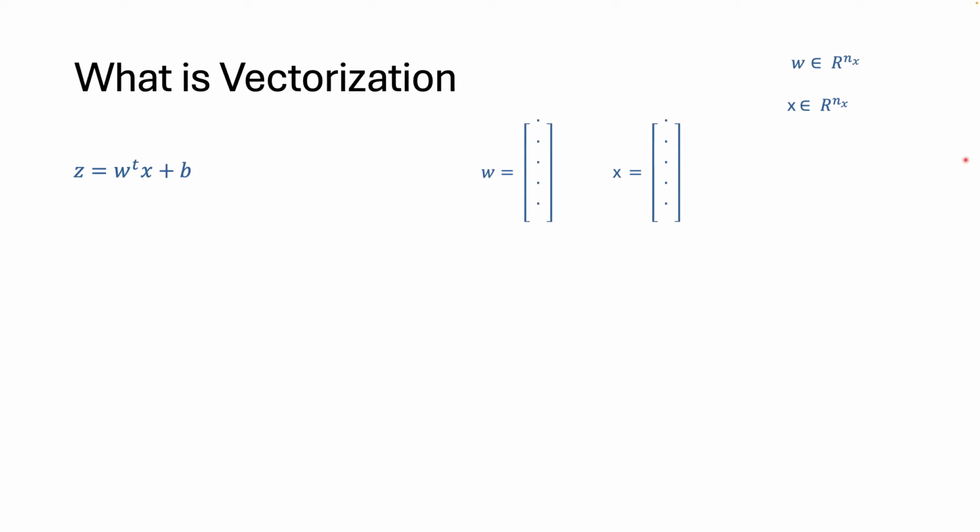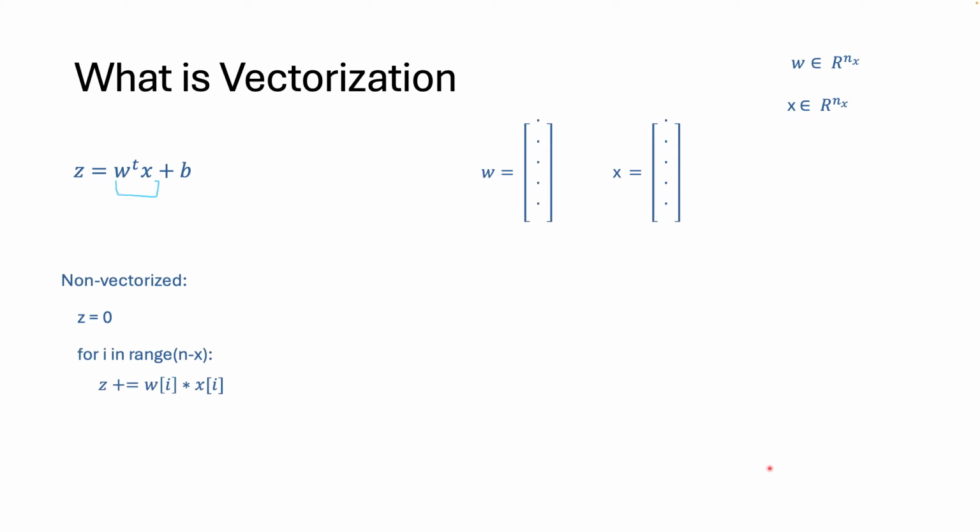To compute w transpose x, we had a non-vectorized implementation, which looks something like this. z equals 0, and then for i in range of nx, that's a loop, that's the first loop.